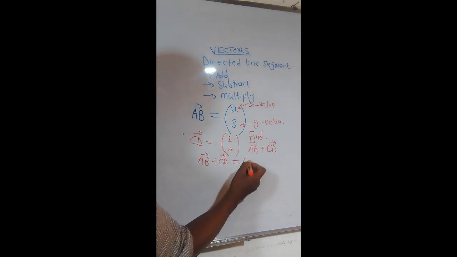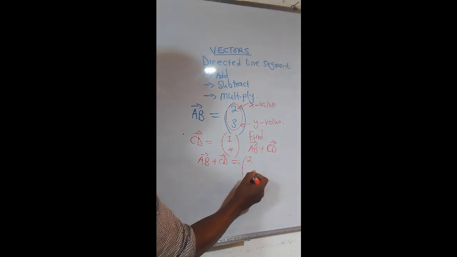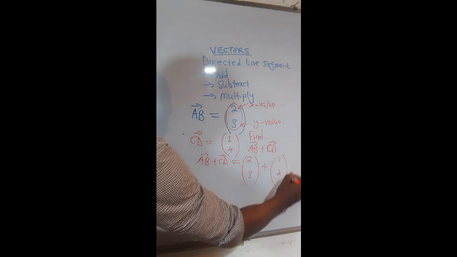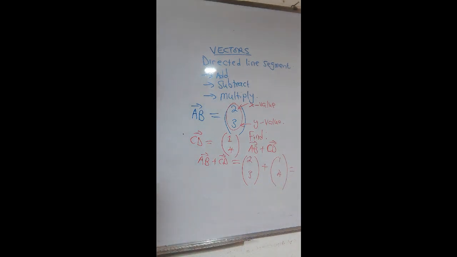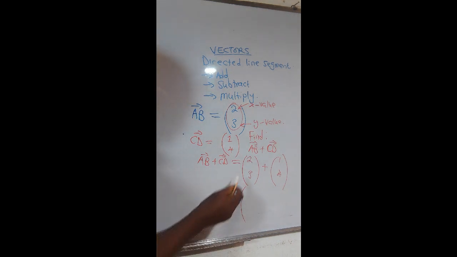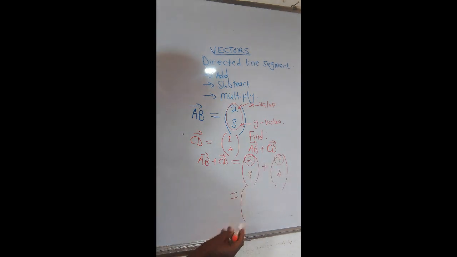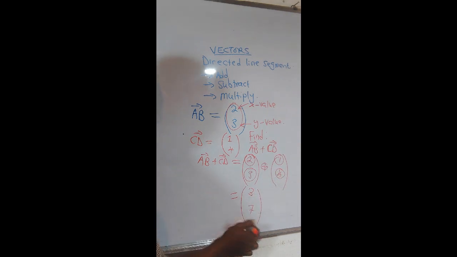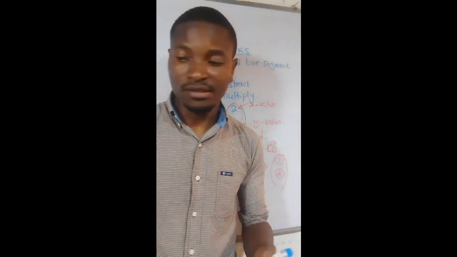So this will be (2, 3) plus (1, 4). You just say 2 plus 1 is 3, and 3 plus 4 is 7, and that is the answer. This is how you can go about adding two vectors.